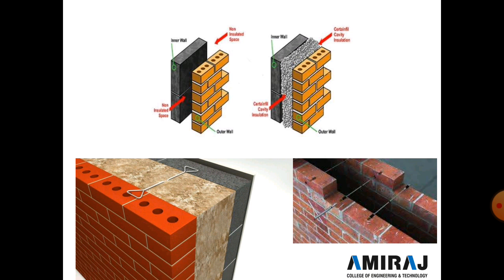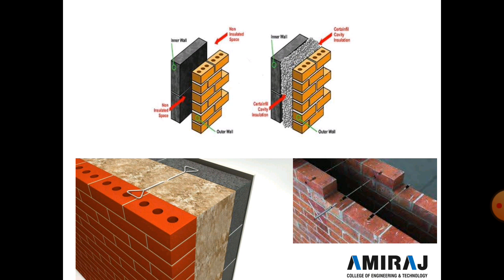For the cavity wall, we can fill the inner cavity with certain material as an insulation material. Clear? After filling the insulation material, from the top part we completely seal the top. We prepare the outer and inner thick wall as a cavity wall.